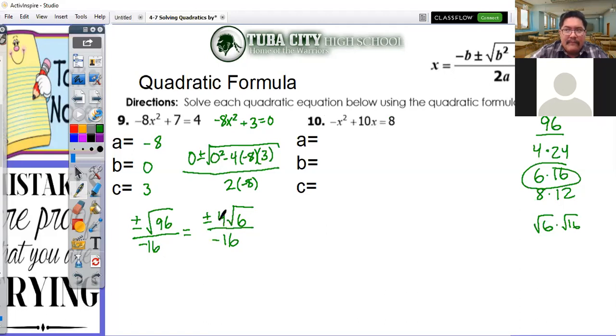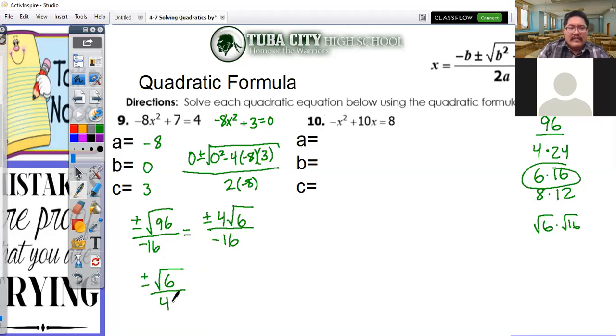Divide this by 4, divide this by 4. That'd be 1, but again, we don't do 1 times anything. Oops, not 16, 6. Divide that by 4, divide the bottom number by 4. So these two numbers are being divided by 4, plus and minus.